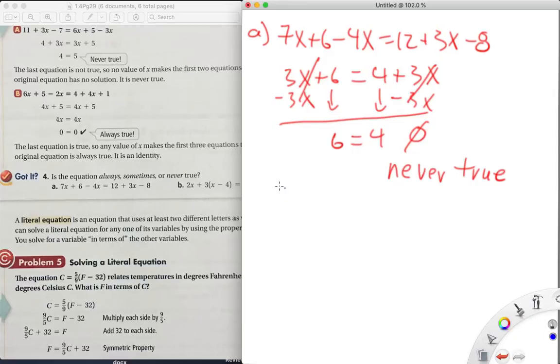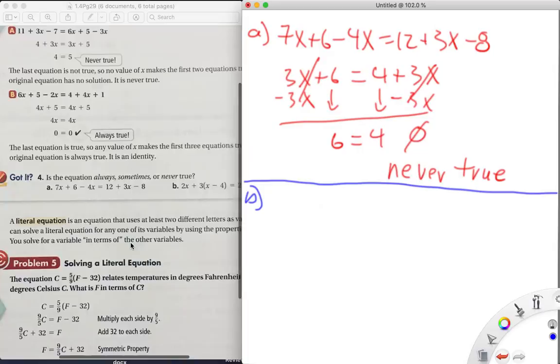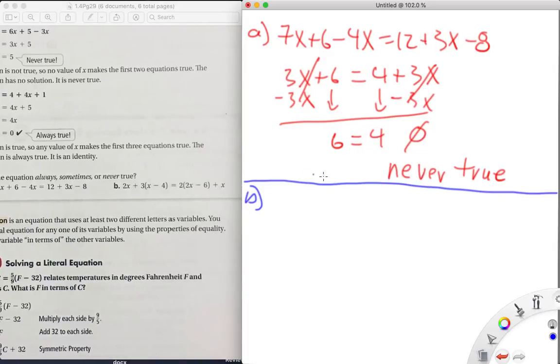For 4b, we have 2x plus 3 times (x minus 4) equals 2 times (2x minus 6) plus x.